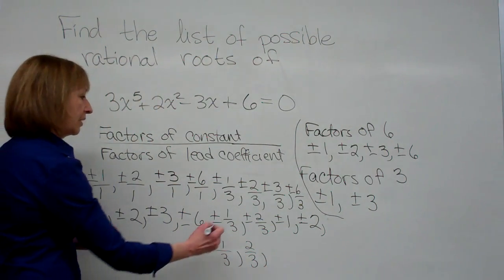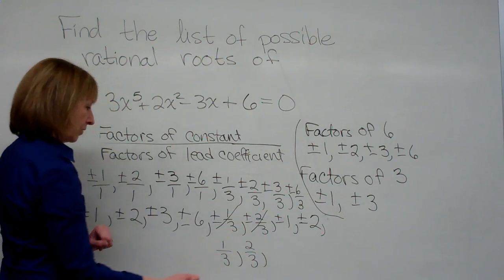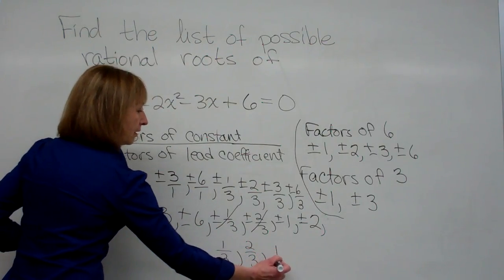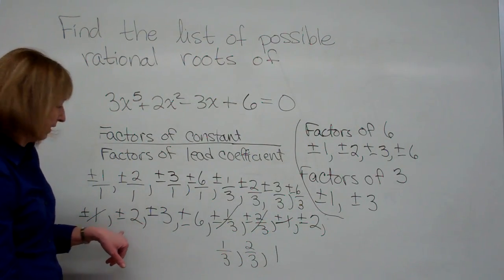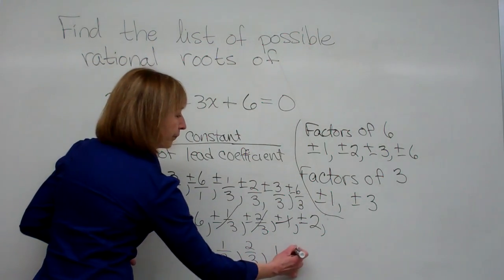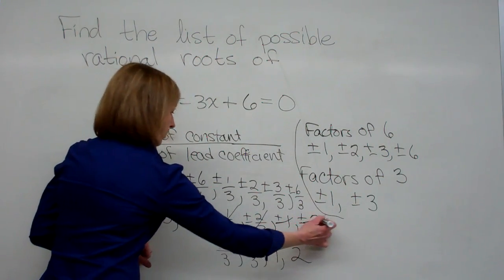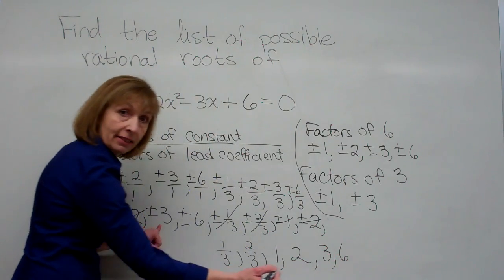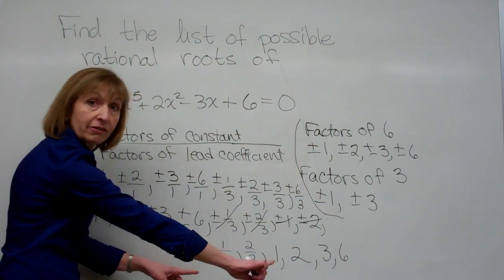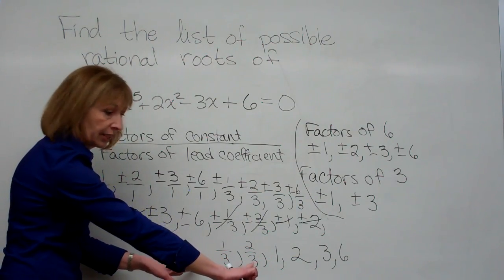Then I'll mark that I've got those. Then 1, which happened more than once in there, a 2, a 3, and then a 6. So that's all the positive possible rational roots in order.